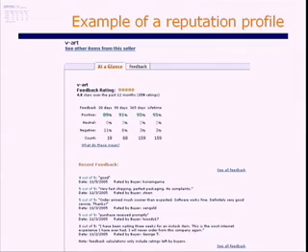How many times has the seller transacted, and what's their average rating. But there's a ton of other information as well. And every time someone posts feedback and gives them a score, they also post text. And there's a lot of information about the seller in this text.